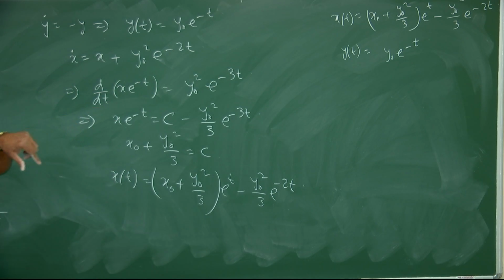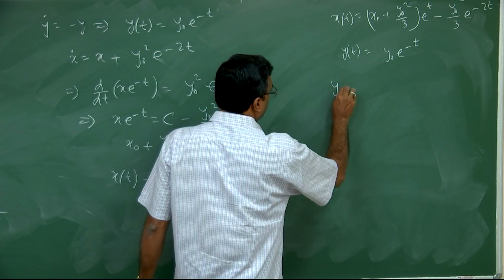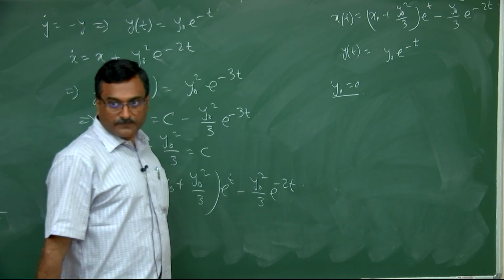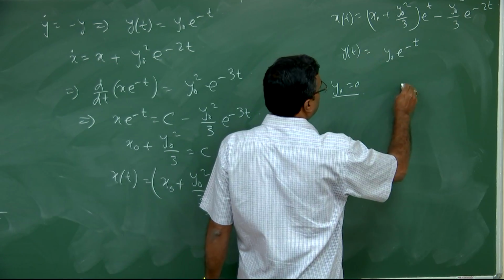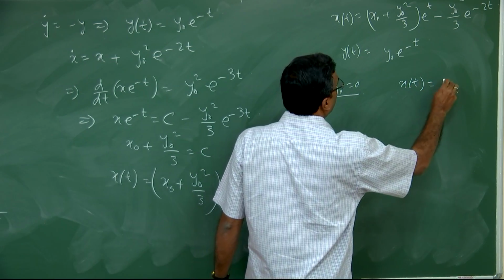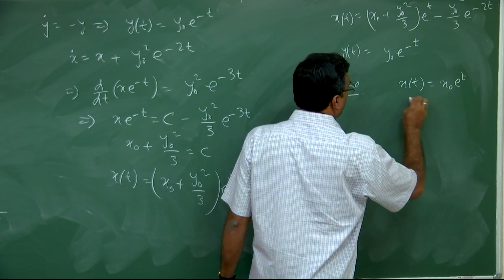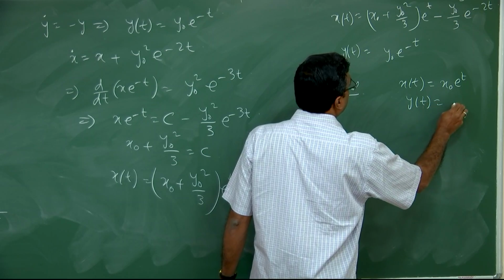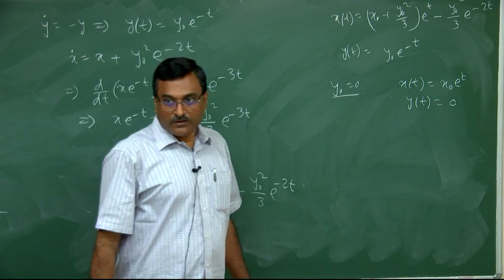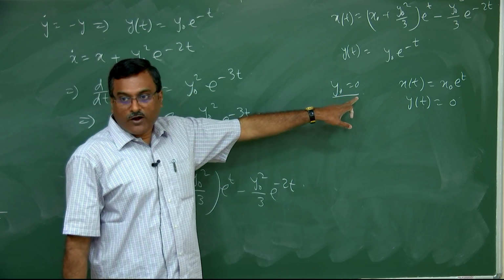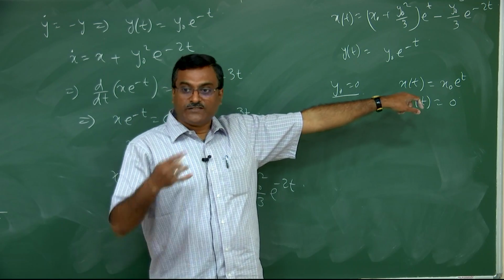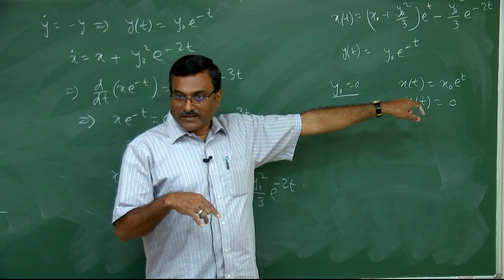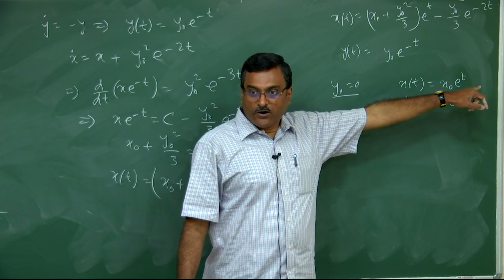Now in this case, first of all, if you choose your initial condition as y0 equal to 0, then your solution comes out to be x(t) equal to x0 e to the power t and y(t) equal to 0. So that means you are starting from a point on the x axis and the solution will always remain on the x axis, correct, x(t) equal to x0 e to the power t.